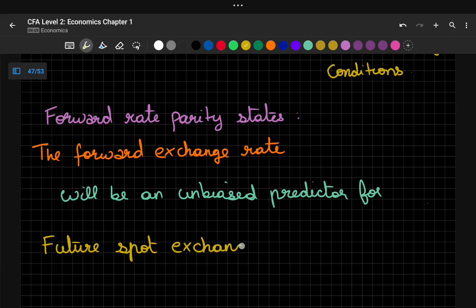So this is the definition of forward rate parity, which is the forward exchange rate will be an unbiased predictor for future spot exchange rate.